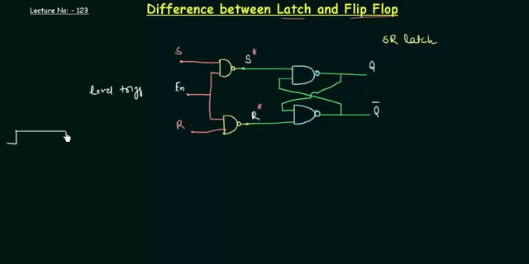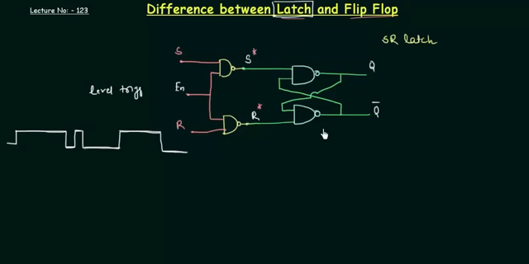If enable is something like this, I have taken a random enable signal, then this circuit will be operational when the enable is high for this period, for this period, and for this period, and the circuit will not be operational when the enable is low for this period, for this period, and for this period. It's a very simple thing. Whenever this is the case, it will act as the latch.